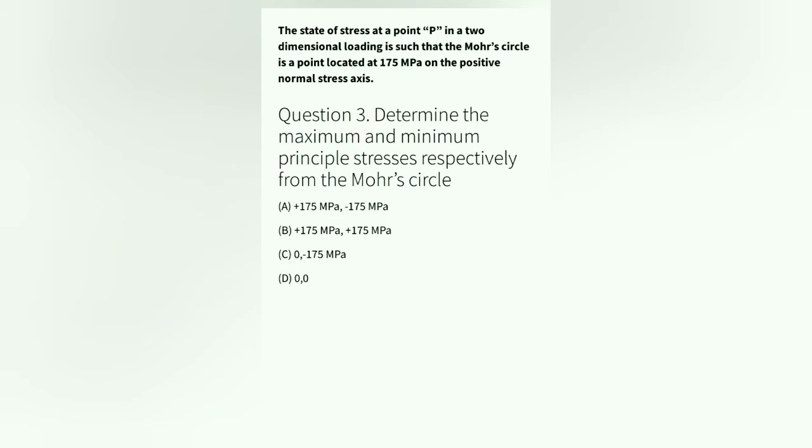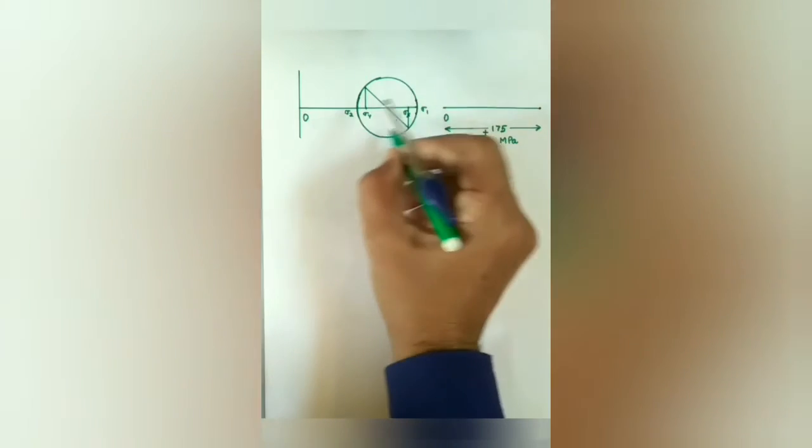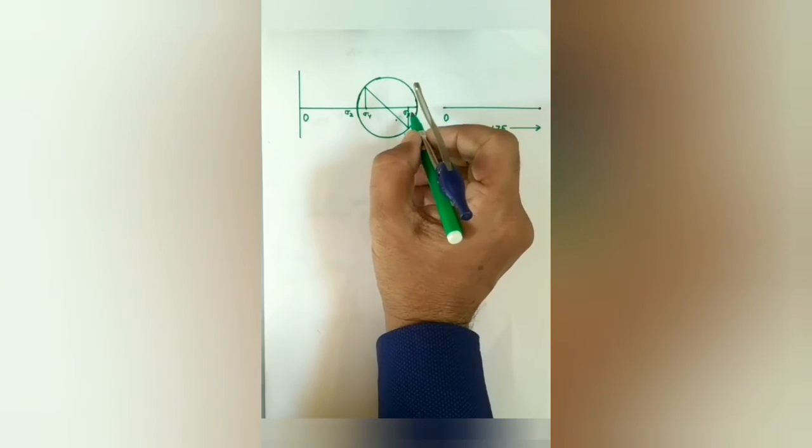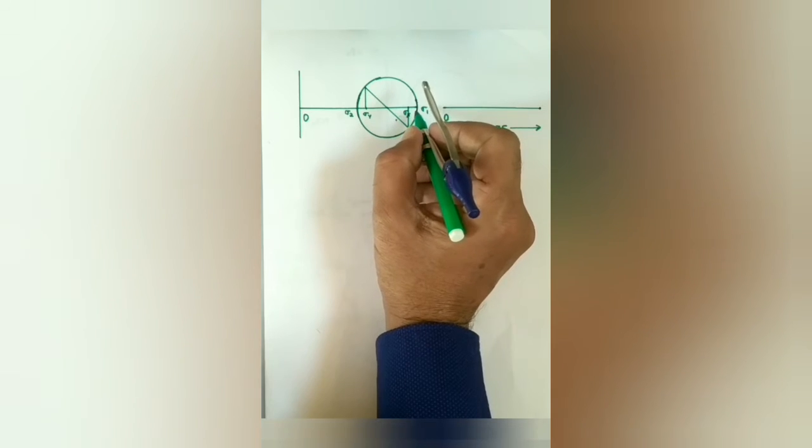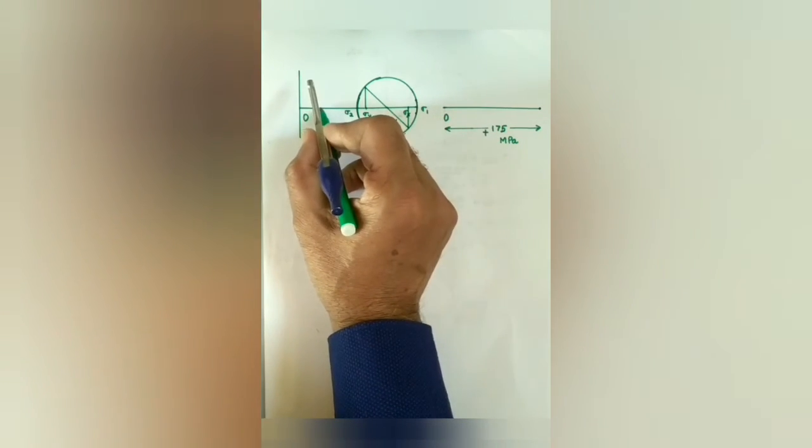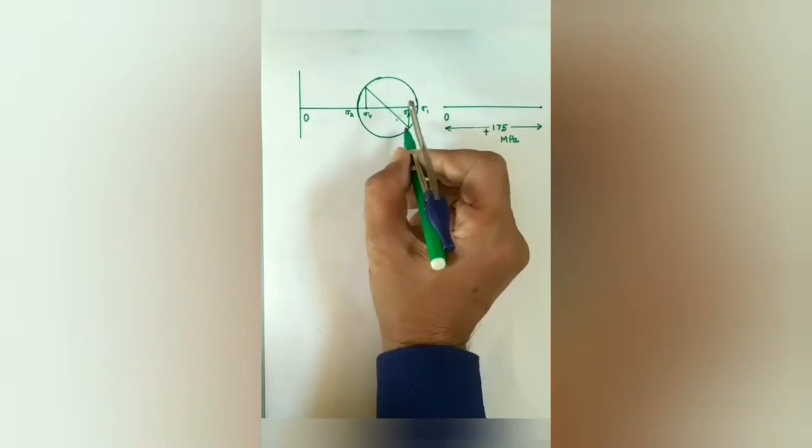The next question is the state of stress at a point P in a two-dimensional loading is such that the Mohr's circle is a point located at 175 megapascals on the positive normal stress axis. To determine maximum and minimum principal stresses, on the Mohr's circle, the maximum and minimum principal stress are obtained by the intersection points of the x-axis and the circle.